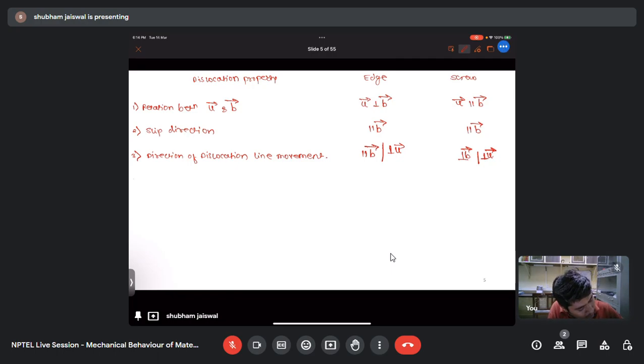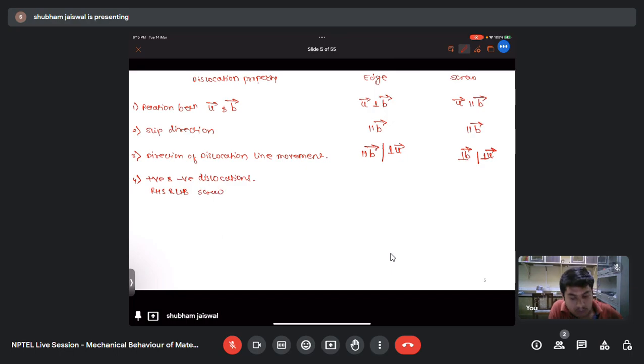So then we have differentiated the negative and positive dislocation and whether they are physically distinct or not. So positive and negative dislocations are for the edge dislocation, and right hand screw and left hand screw are for the screw dislocation.